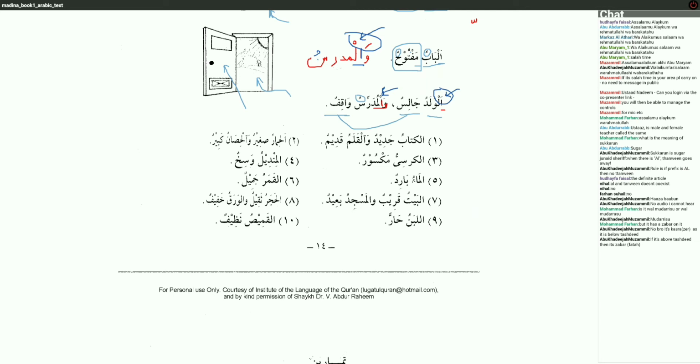If it's below the letter, then it's a ri or a zir or a kasra. In actual fact, when there is a shadda, on top of the shadda, it's a fatha, zabar. On bottom of the shadda, it's a kasra.